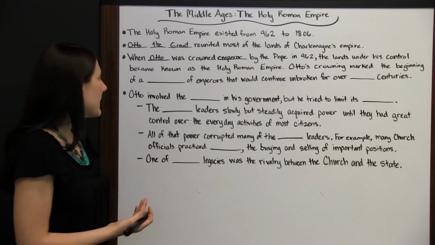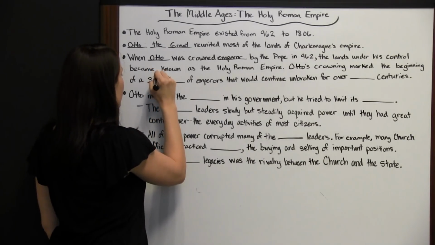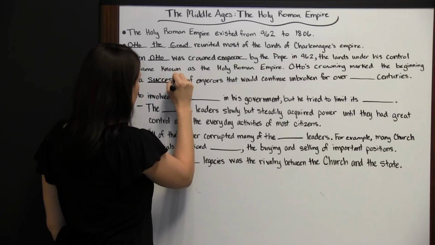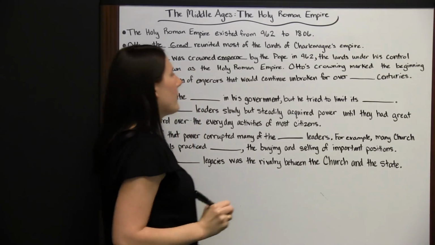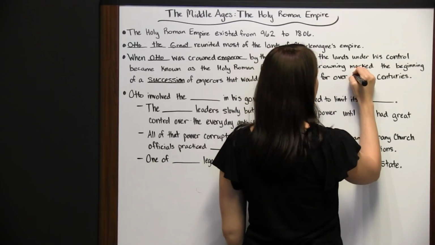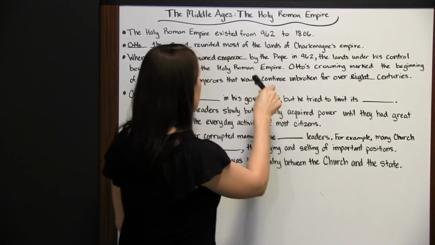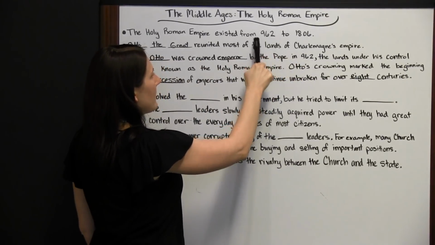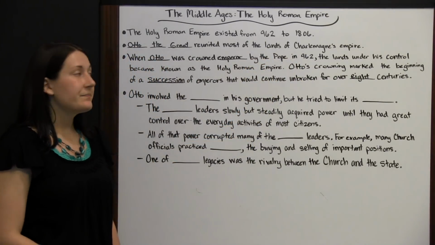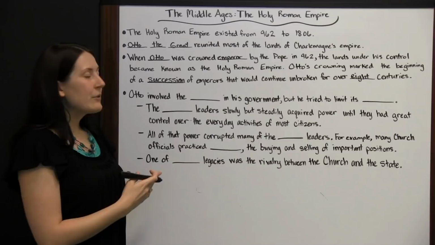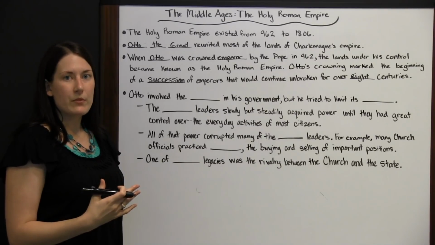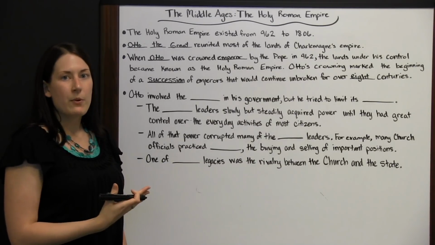Otto's crowning marked the beginning of a succession of emperors that would continue unbroken for over 8 centuries. And that period would be when the Holy Roman Empire existed. Now, for Otto to be a Holy Roman Emperor, he had to be crowned by the Pope.